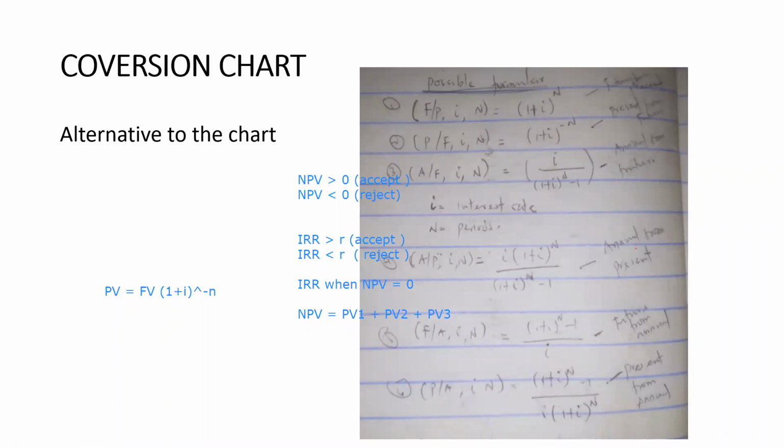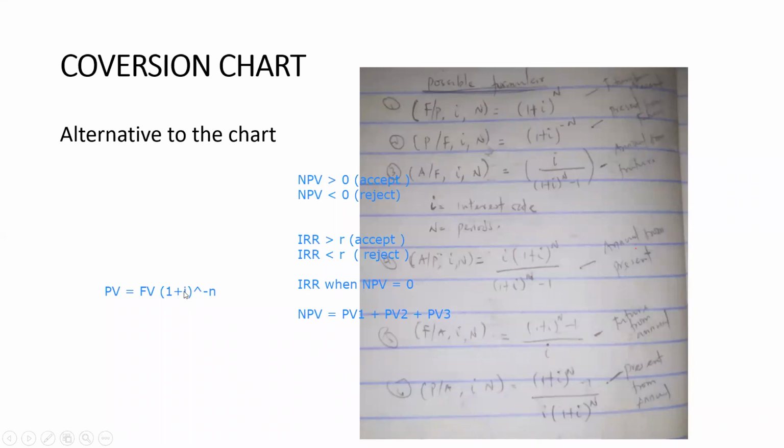But when it comes to IRR, internal rate of return, you still need to get the present value at every point, but you are not considering the interest. What you make unknown for IRR is the interest. If you look at the formula, we have PV equals FV into bracket 1 plus I all raised to power minus N. So this I will be unknown if you are using IRR.